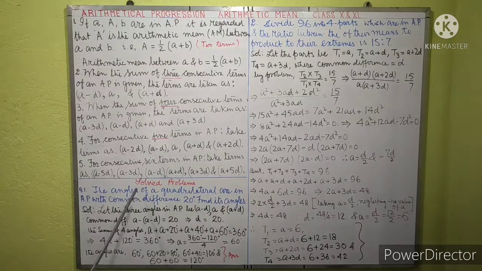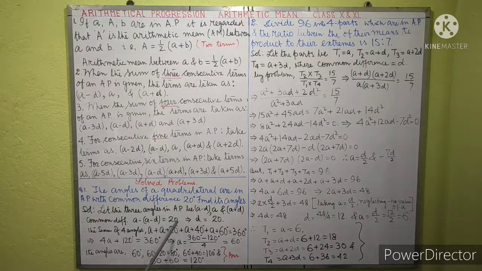Just see this solved problem. The angles of a quadrilateral are in AP with common difference 20 degrees. Find its angles. Here I have followed the previous formula.